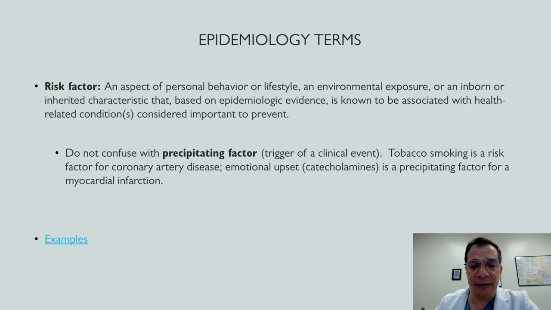And also, we have to mention a concept sometimes students confuse, and it's a risk factor that can be confused with precipitating factor. A risk factor is any personal aspect like genetic predisposition or behavioral or lifestyle or exposure to certain agents that may produce disease.